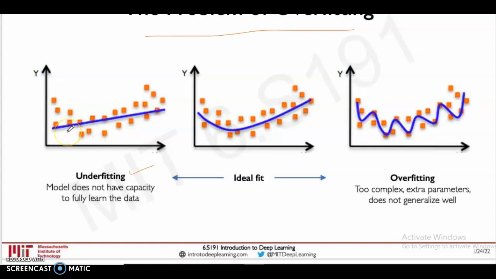Underfitting: the model does not have the capacity to fully learn the data.